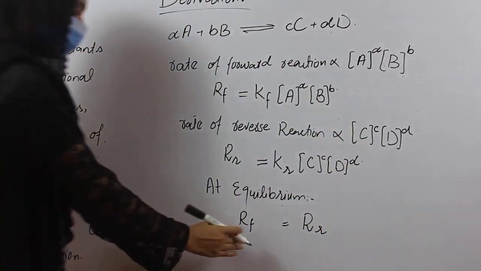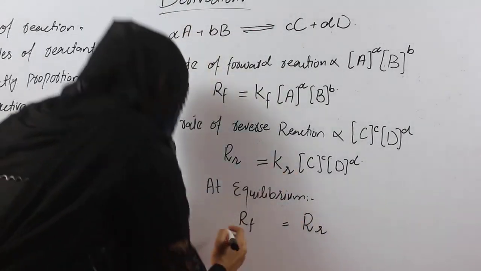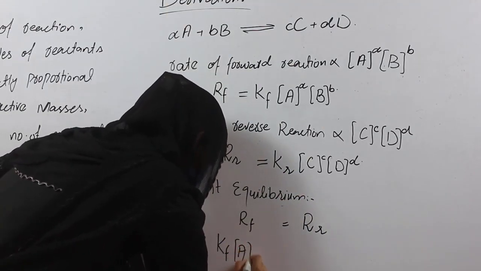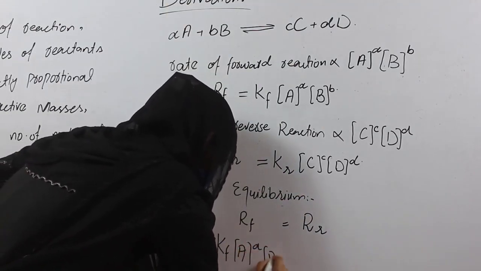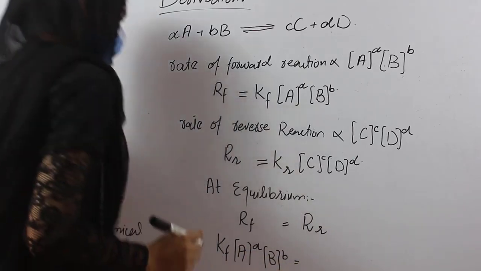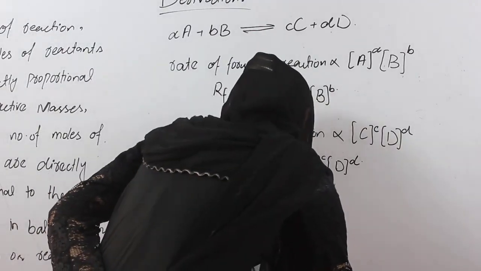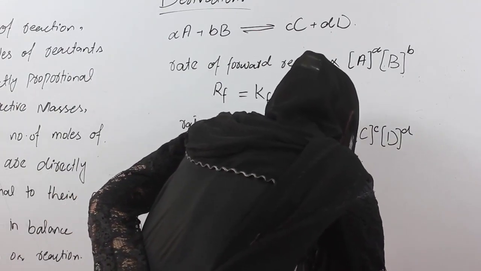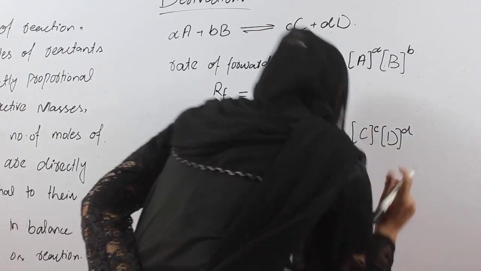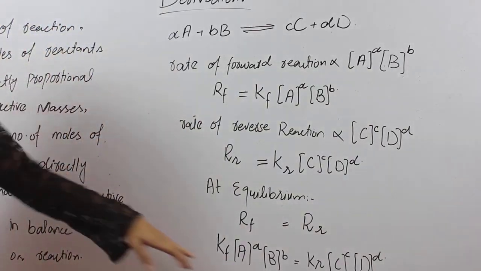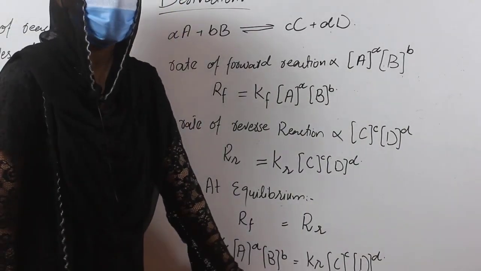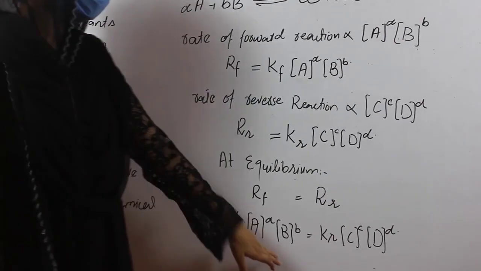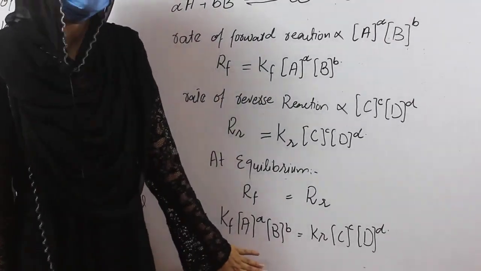By putting the values of the rate of forward and reverse reaction, the value of the forward reaction is Kf times the reactants' active masses raised to their coefficients. The rate of the reverse reaction is Kr times the active masses of C and D raised to coefficients C and D. That is the condition of equilibrium. Now at this position we are applying the cross exchange method.